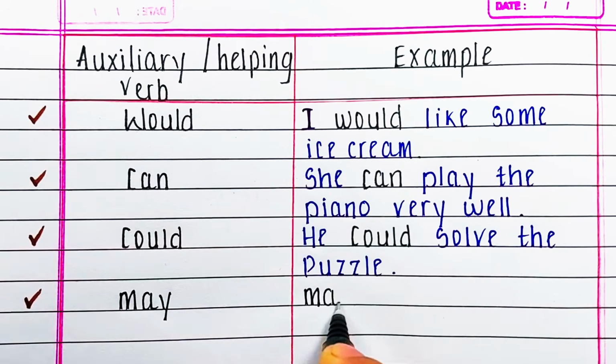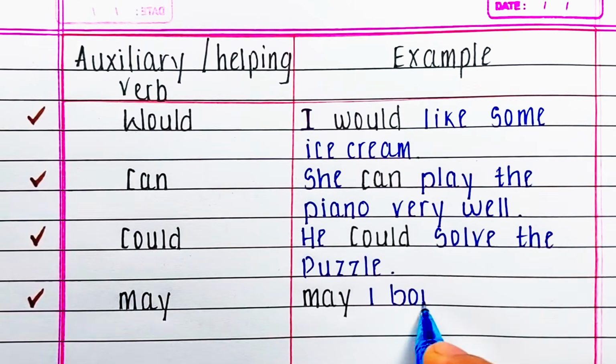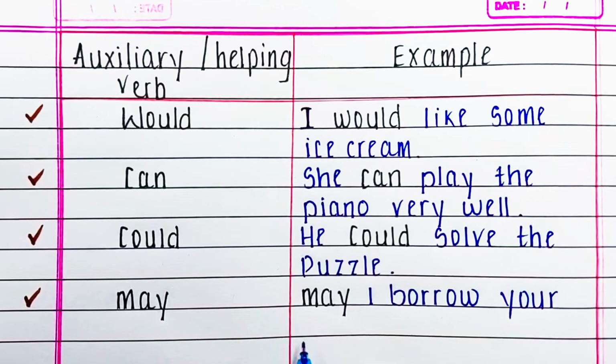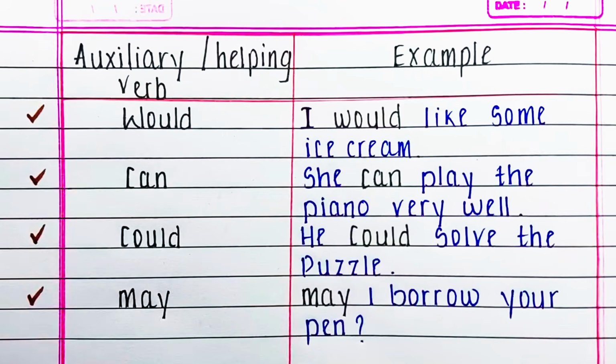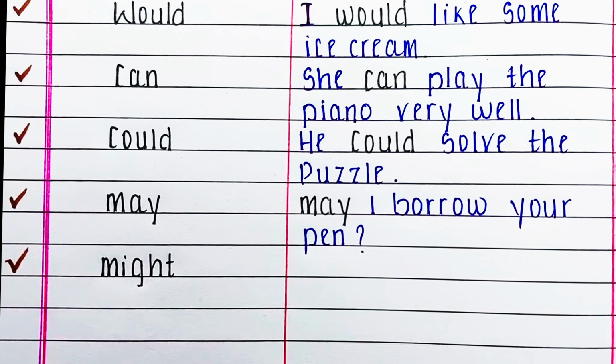Next, could. Example, he could solve the puzzle. Here, could is the helping verb and solve is the main verb. Next is may. Example, may I borrow your pen? Here, may is the helping verb and borrow is the main verb. Next is might.